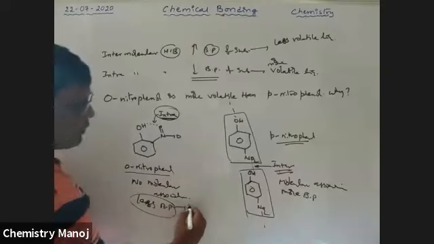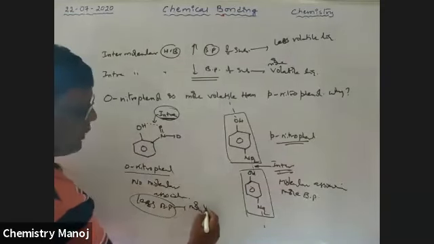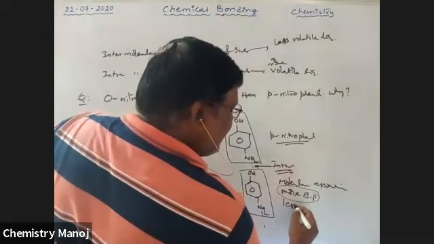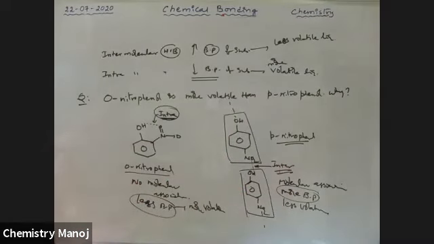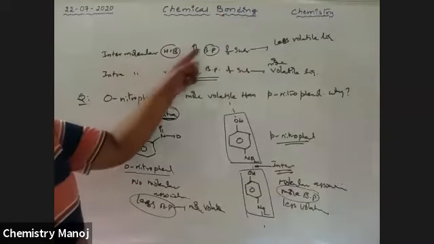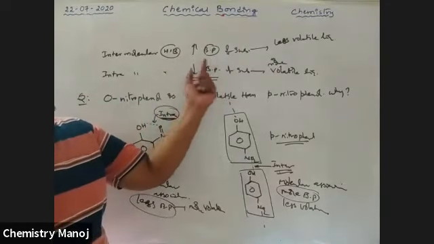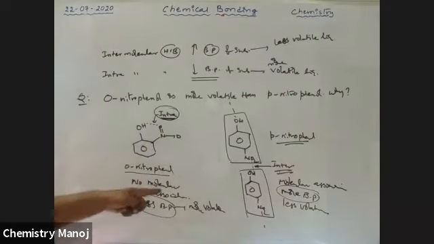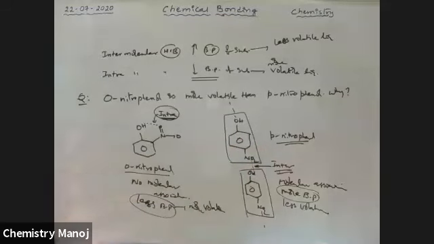Less boiling point means more volatile; more boiling point means less volatile. Intermolecular hydrogen bonding increases the boiling point, that's why less volatile. Intramolecular hydrogen bonding decreases the boiling point, therefore more volatility. Therefore, orthonitrophenol is more volatile than paranitrophenol, because of this reason.